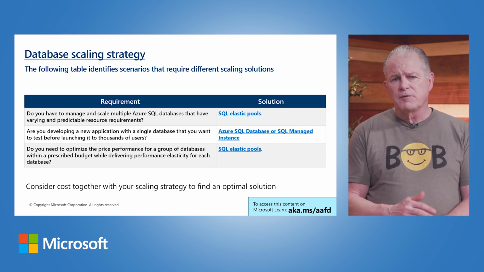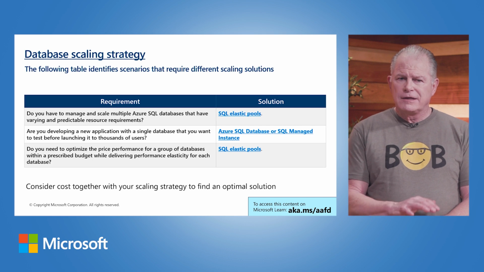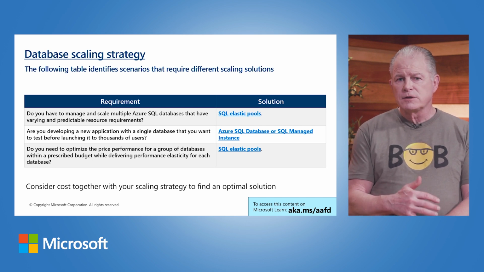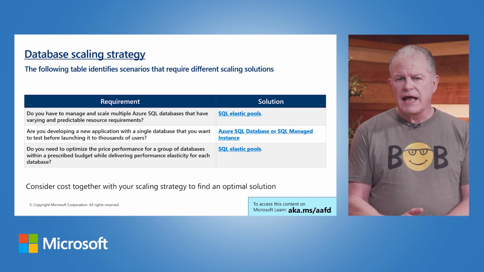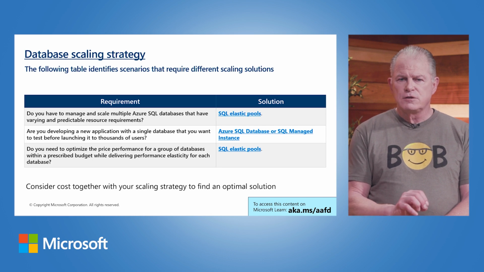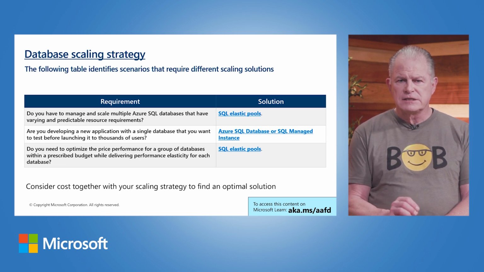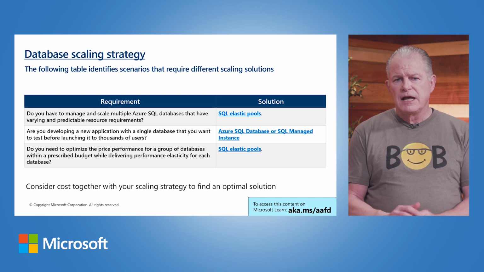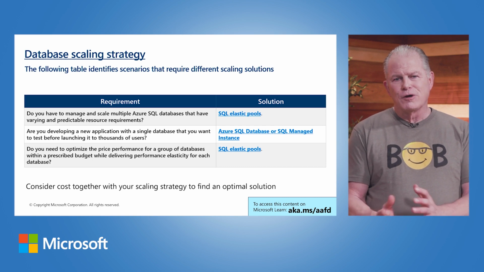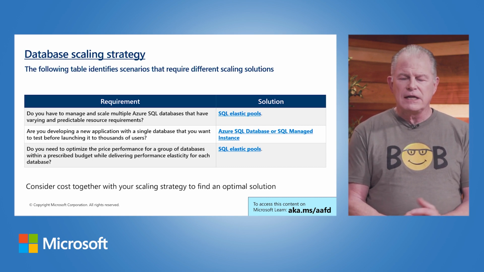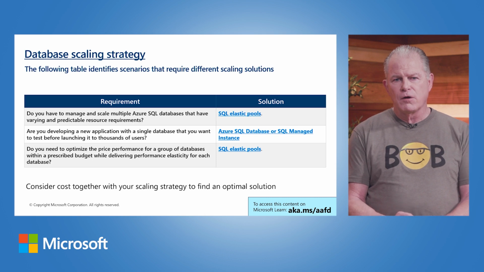And depending on the type of offering that we're working with, taking a look at a previous module where we looked at the PaaS offerings, you're seeing on the slide the major groupings of SQL elastic pools, as well as the managed SQL instance and a managed SQL database, that will give you different options to scale your solution, and which ones you're going to be able to scale up and out easier with, depending on where it goes.